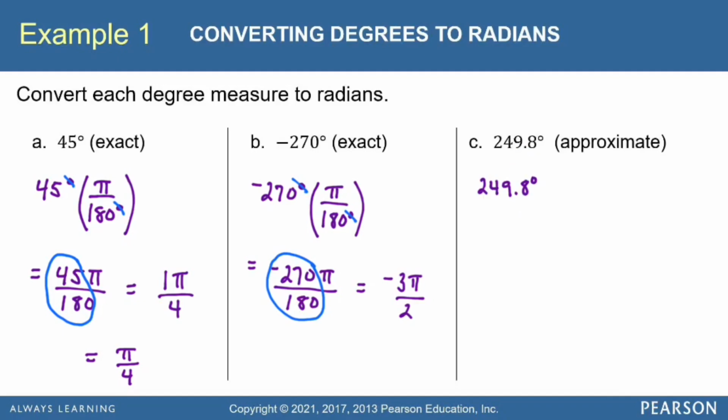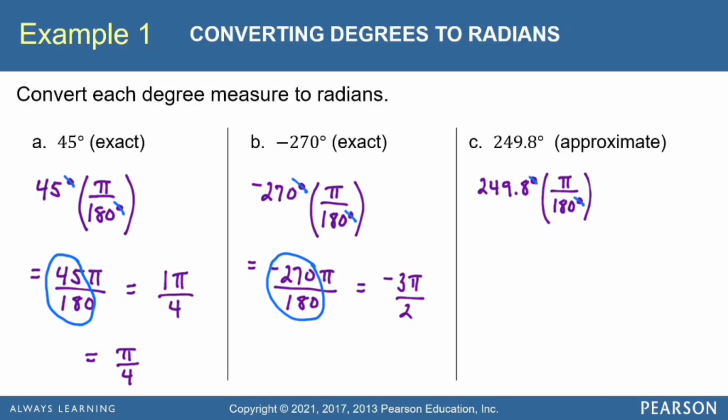So we're still converting from degrees into radians here. So we're still going to start with our 249.8 degrees, and we're going to multiply by our conversion factor in the form of pi over 180 degrees so that the degrees cancel. And now, since we know that we're going to be giving an approximate answer here, we know that we're going to need to enter the decimal form of pi here.